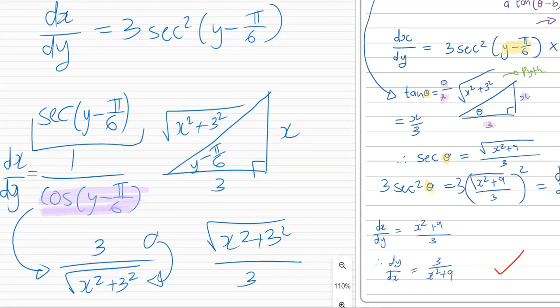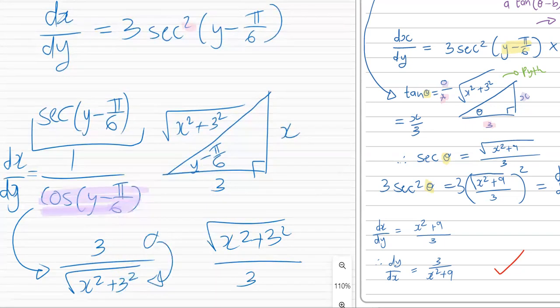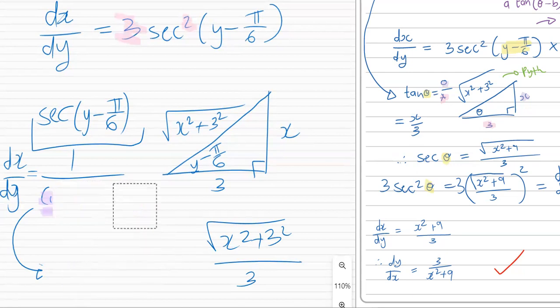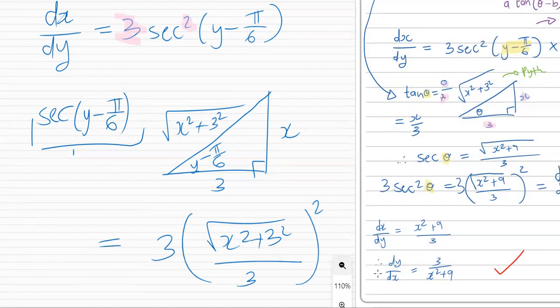And it's still not quite right because our dx dy needed to have a square in it and this 3. So whatever we do to it, we can do to the other side. So all I do is it needs to be squared and it needs to be times by 3. And this is actually dx dy.